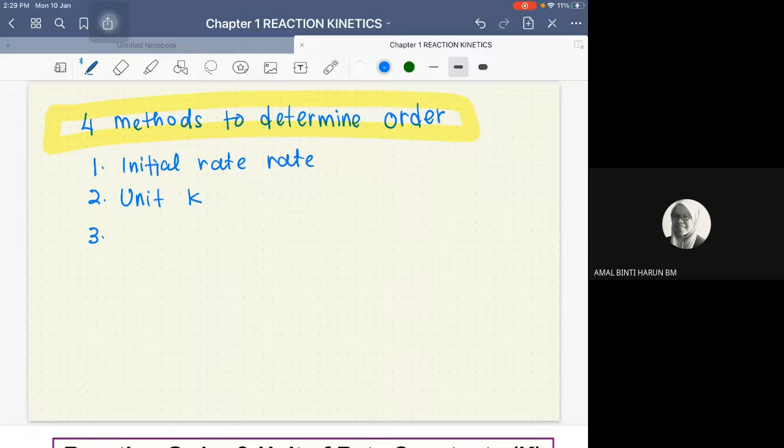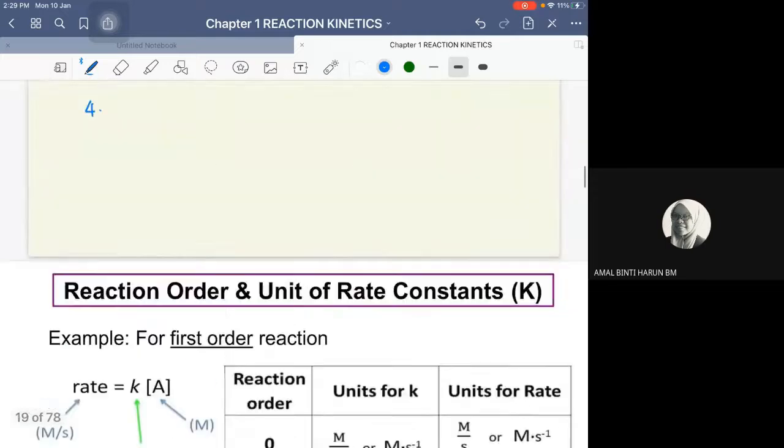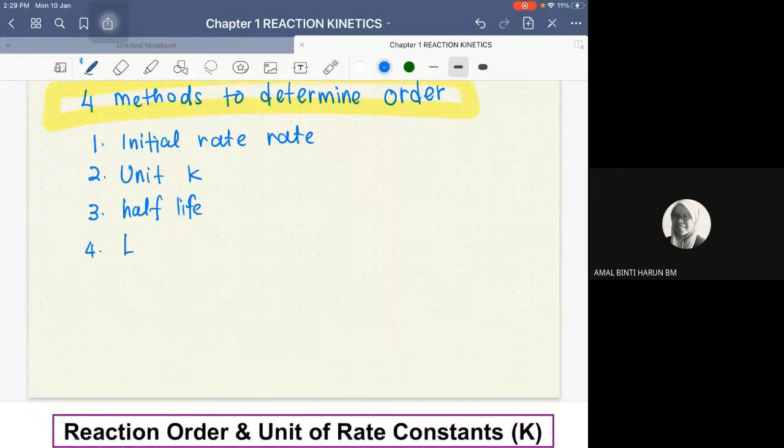Tak apalah, nanti saya pergi lagi. Half-life. Keempat lupa. Linear graph.